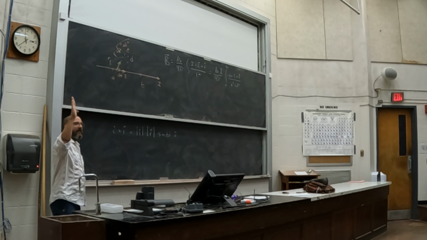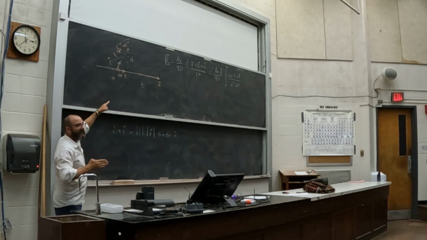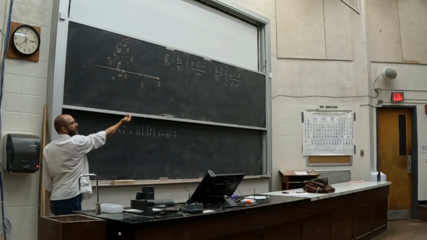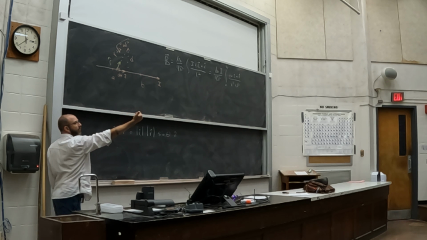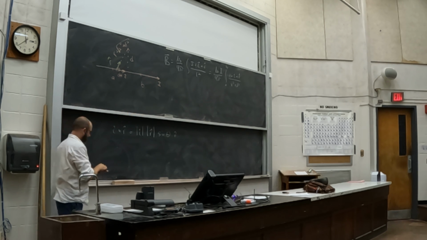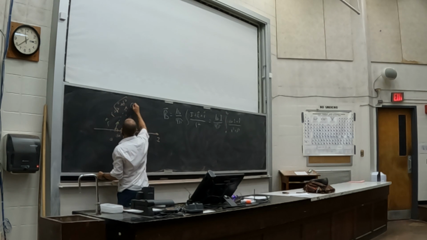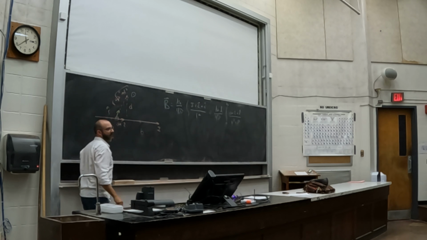Order matters. Fingers in the direction of the first one. That's i hat, straight this way. Curl them towards the second one. That comes up like this. Stick out my thumb. That gives me a vector out of the board. So to indicate that to myself, I'm going to put that.